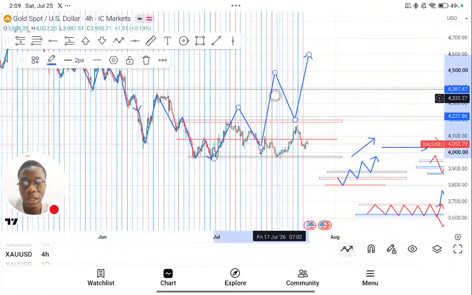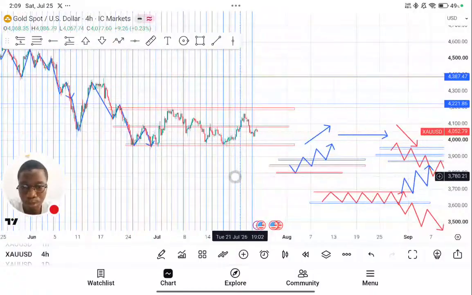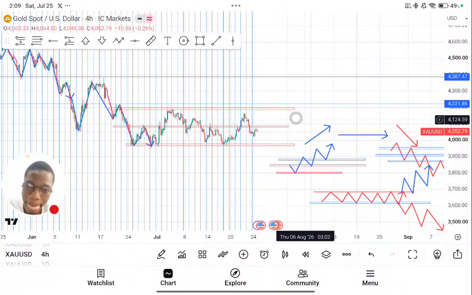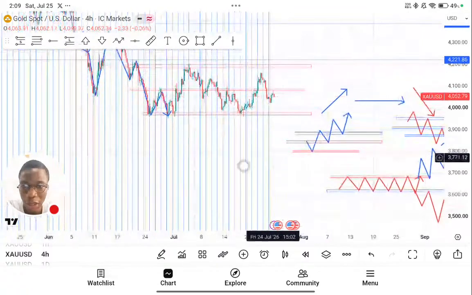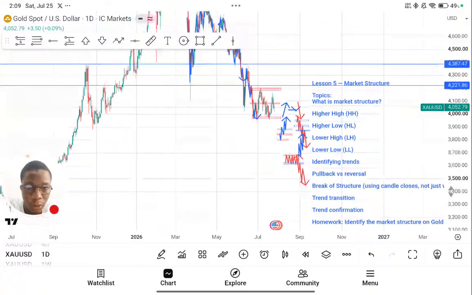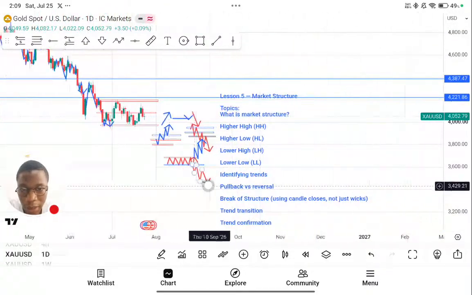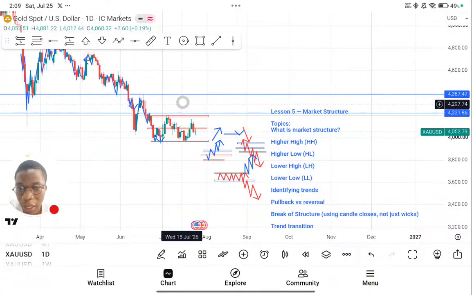But in this scenario right here, the market is ranging, and from the higher time frame, it's pointing us down. The market is still bearish, because you would see the previous high, lower low, lower high.